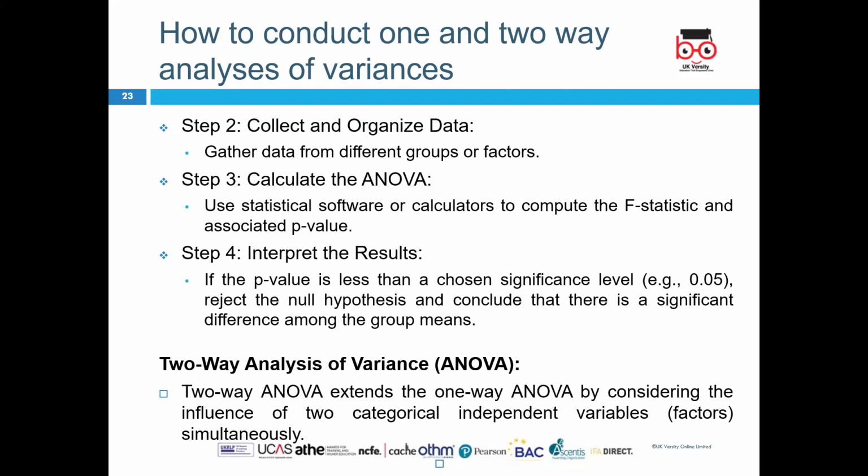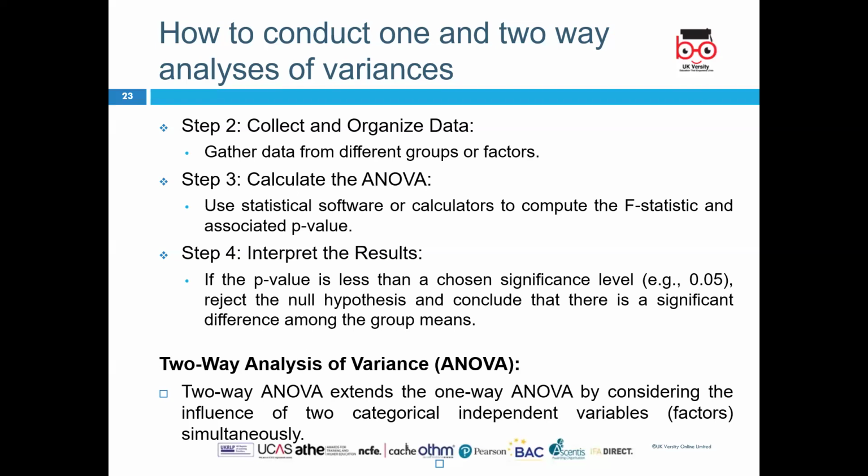The fourth step is to interpret the results. When you do step three, you will see the extent of validity of the model and whether you obtain statistically significant results or not. When you interpret the results, if the p-value is less than a chosen significance value, then the null hypothesis is rejected and the alternate hypothesis is accepted. This implies that there is a significant difference among the group means.